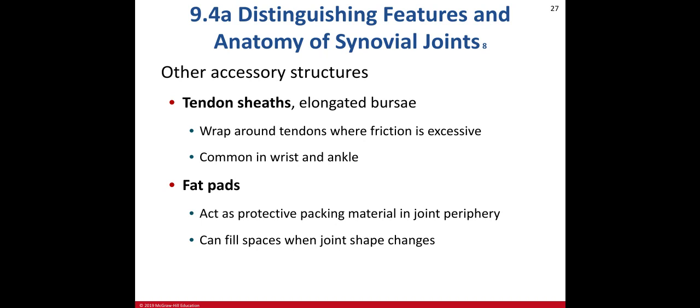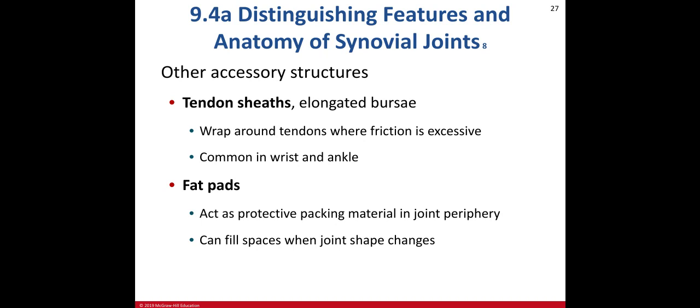Okay. Some other accessory structures not found in every joint, but found in enough joints that we need to talk about them before we can talk about exactly how the joints are moving. You have tendon sheaths, which are just really long bursa that will wrap around tendons where you get a lot of friction. This is really common in your ankles and your wrists.